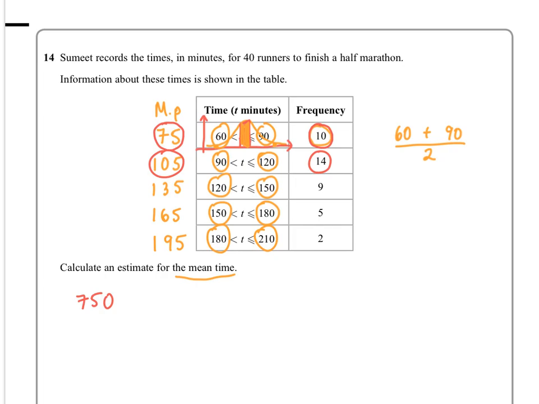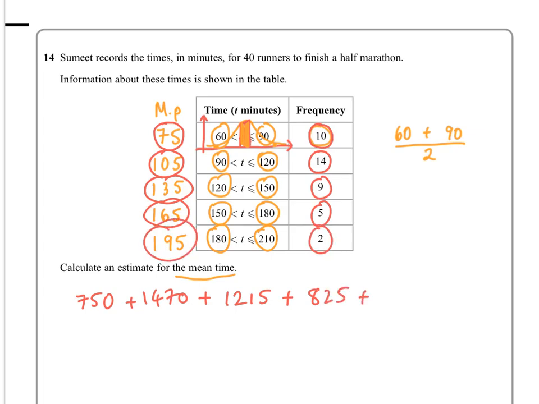So we've got 14 times 105, which is 1,470. Then we've got 9 at 135, which is 1,215, plus 5 165s, which is 825, plus 2 195s, which is 390.